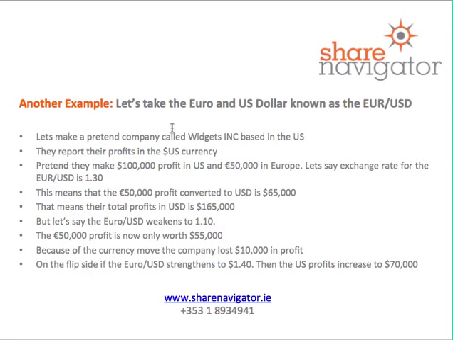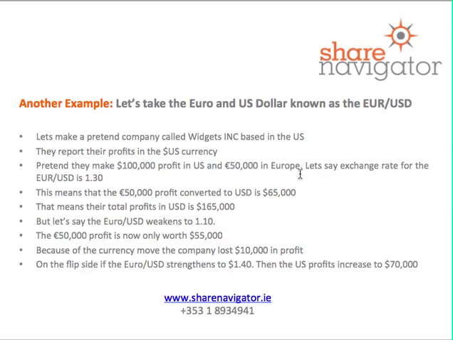Another example is when we're talking about companies repatriating their profits. So let's pretend we have a company called Widgets Incorporated based in the US. They report their profits in their local currency, which is US dollars. Now let's pretend they made $100,000 profit in the US and they also have a market in Europe where they made €50,000.